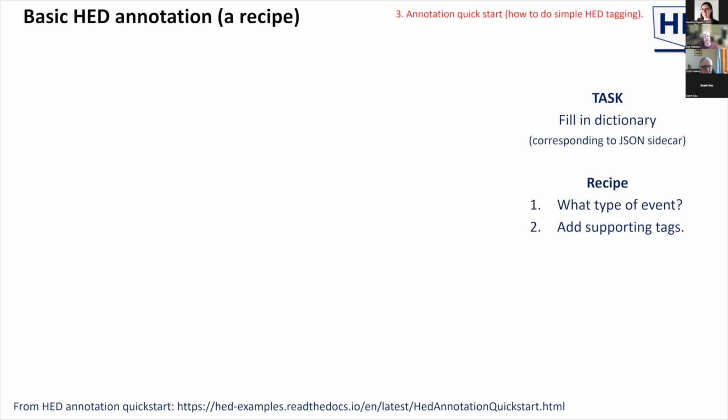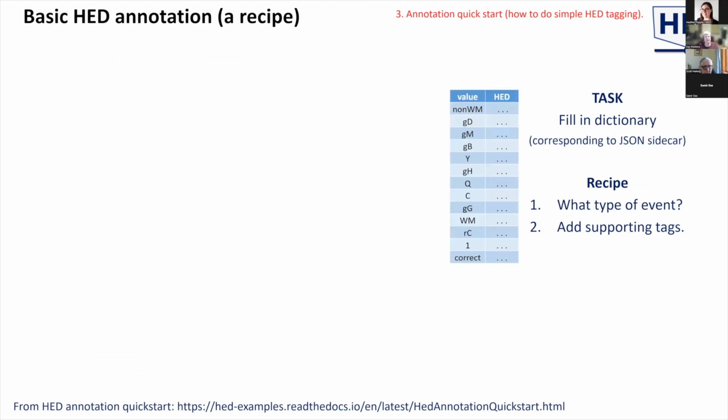So now we get down to part 3, which is how to actually put HED tags in and how to pick them. And recall that our task is to fill in a dictionary, assigning HED tags to the unique values in the event file.